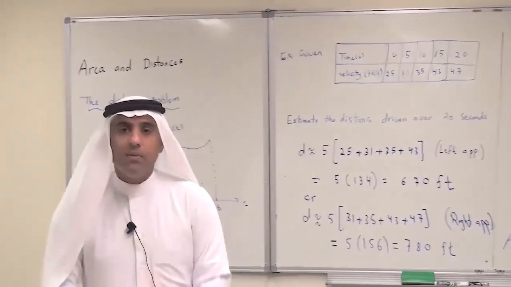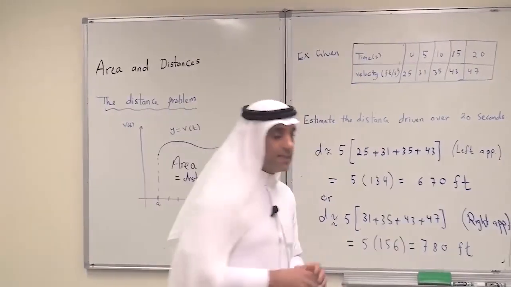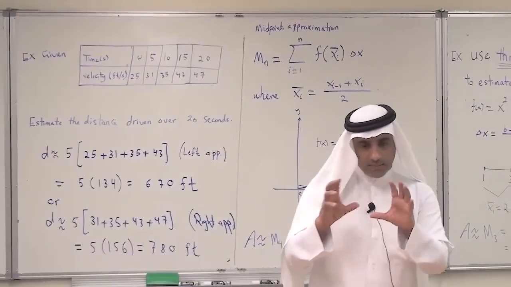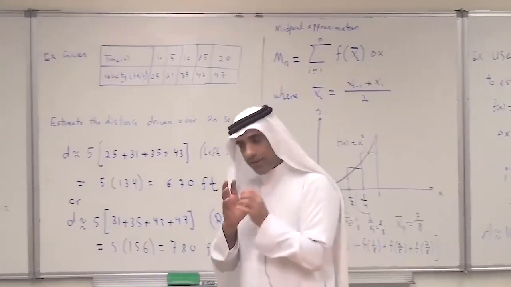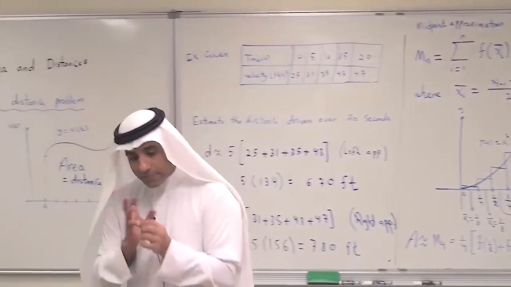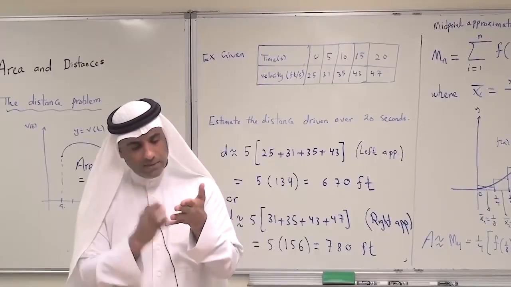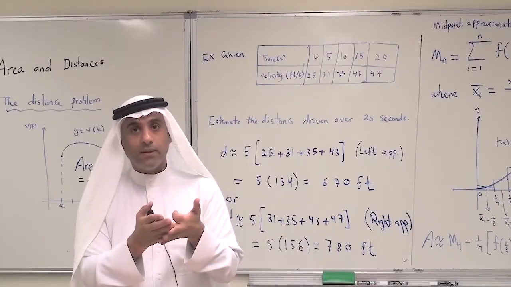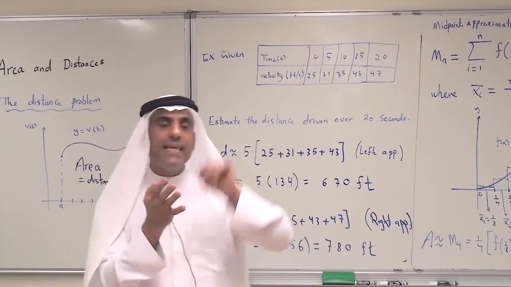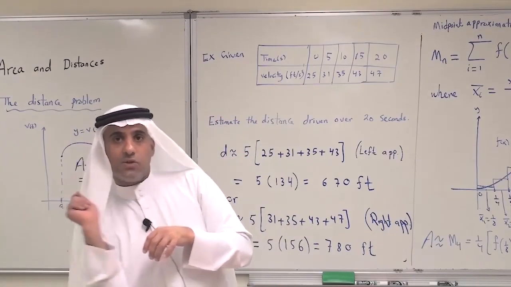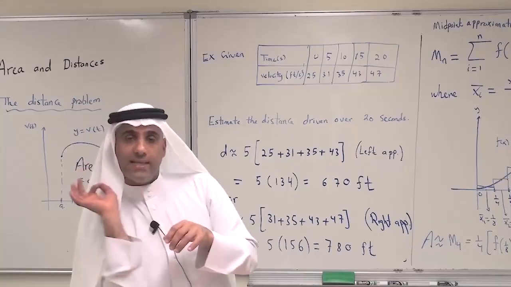So in summary, what is the area and distance problem? We have 4 main points. You need to understand the meaning of the area problem. You need to understand how to approximate the area by using left point, right point, and midpoint. You need to know how to calculate the exact area by taking the limit of Rn as n goes to infinity or the limit of Ln as n goes to infinity.